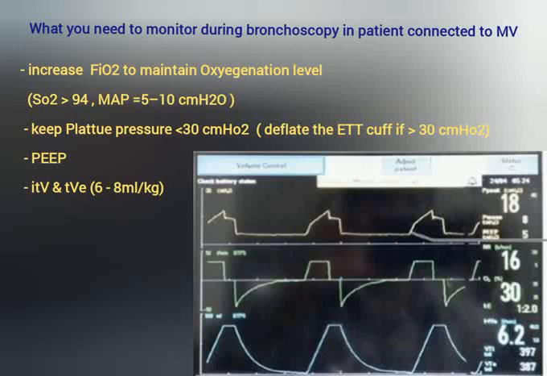Also keep the plateau pressure less than 30 cm water, and this is very important. If it is more than 30 cm water, minimally deflate the endotracheal tube cuff. Also you need to monitor positive end expiratory pressure, acronym PEEP, and monitor inhaled tidal volume and exhaled tidal volume. The normal is 6 to 8 ml per kg.